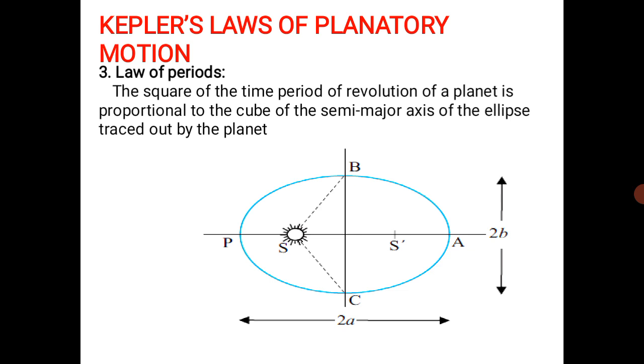Okay, so here it is saying that the square of the time period, that is T square, where capital T indicates the time period, is proportional to the cube of the semi major axis, that is T square proportional to a cube.